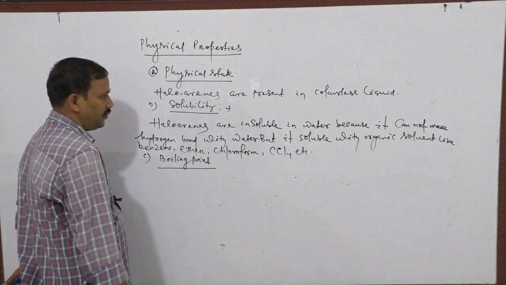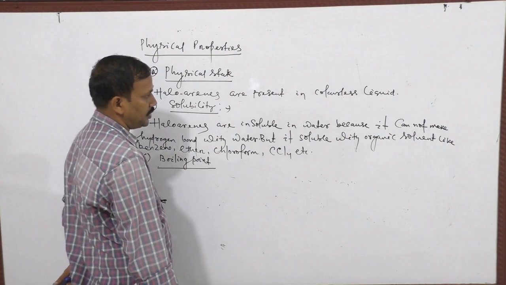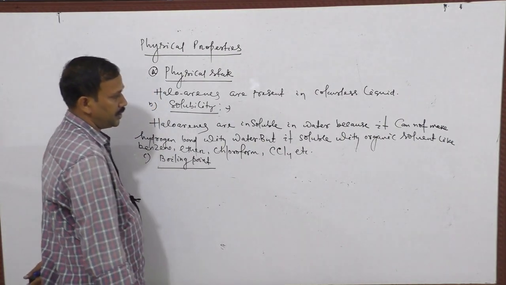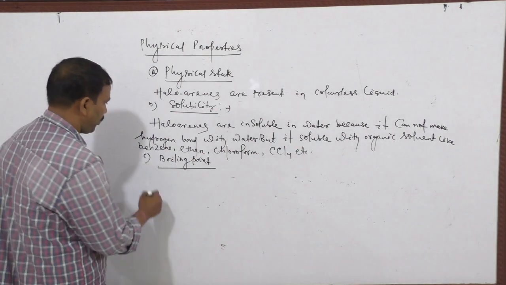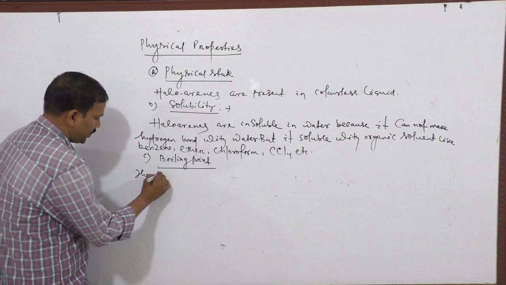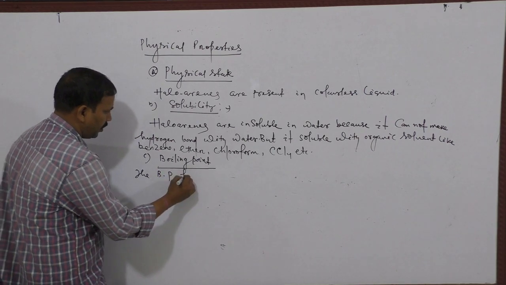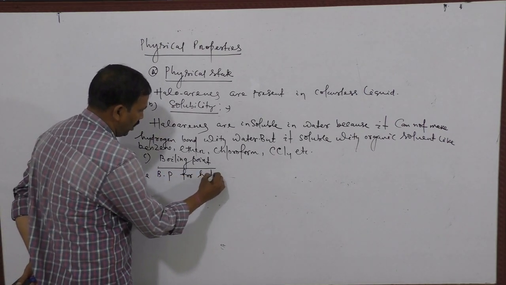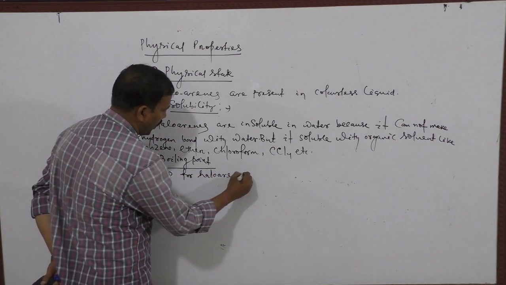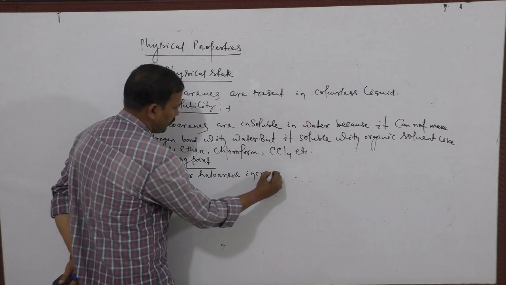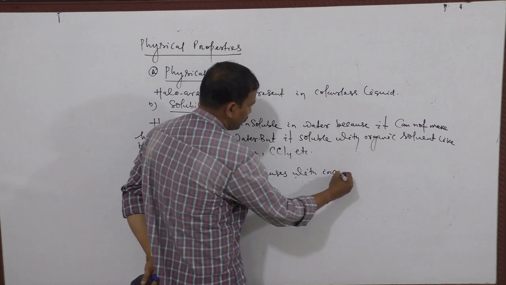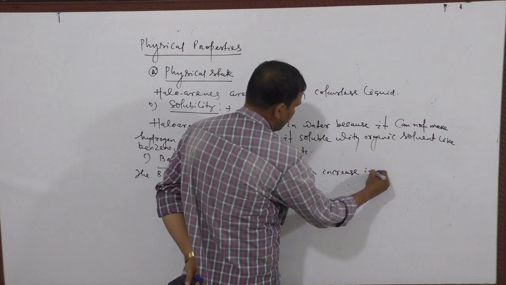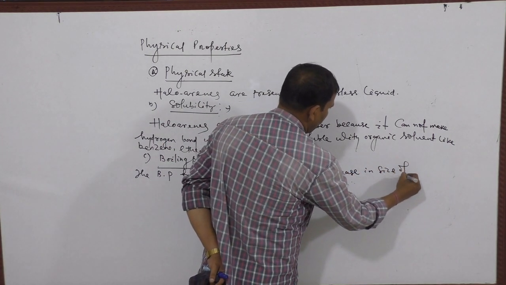Now the boiling point for iodobenzene is larger than that of bromobenzene, that of chlorobenzene, that of fluorobenzene. The boiling point for haloarene increases with increase in size of halogen atom.